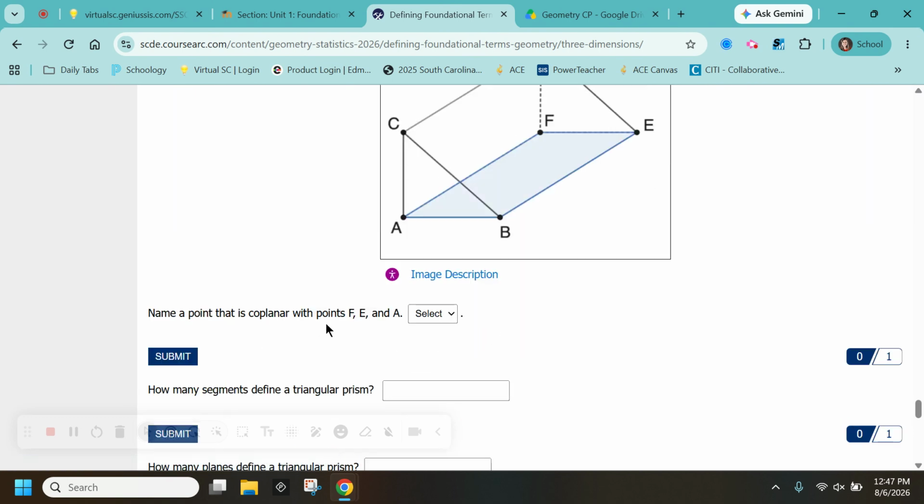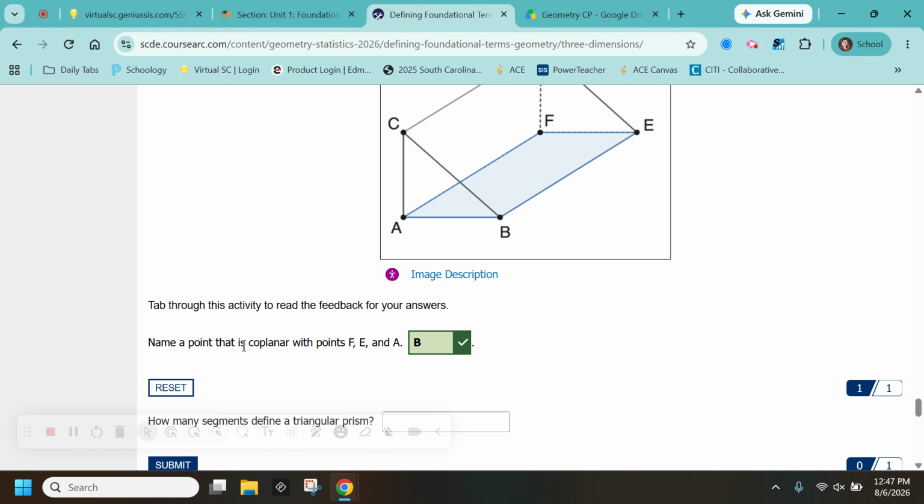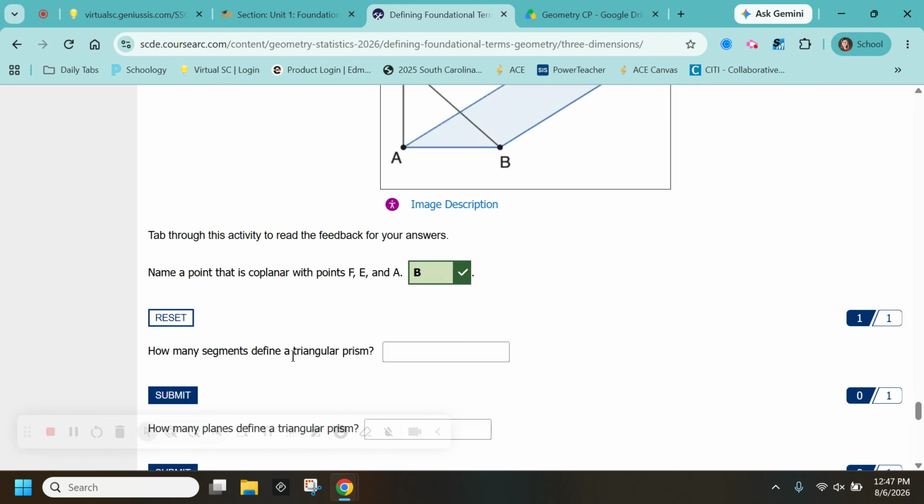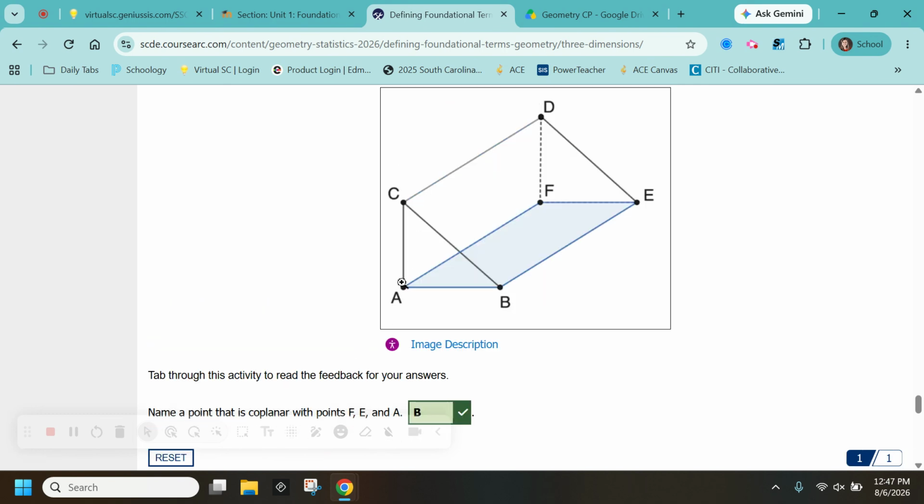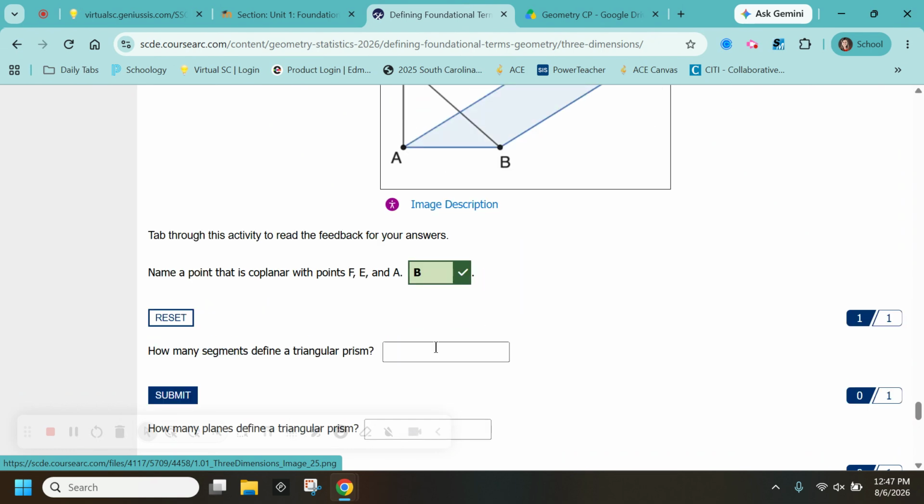Name a point that is coplanar with points F, E, and A. So this shaded rectangle on the bottom, F, E, and A are all on the same plane with point B. How many segments define a triangular prism? Let's count. 1, 2, 3, 4, 5, 6, 7, 8, 9.